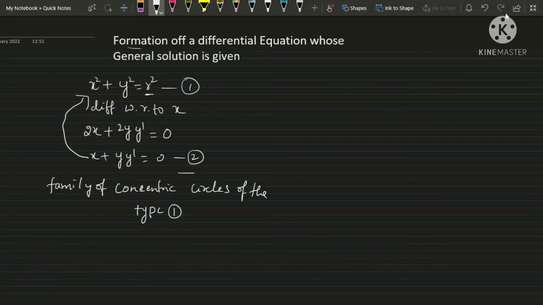Okay. Now how many times should I differentiate? One time I did. Okay, now I differentiate 1 time.